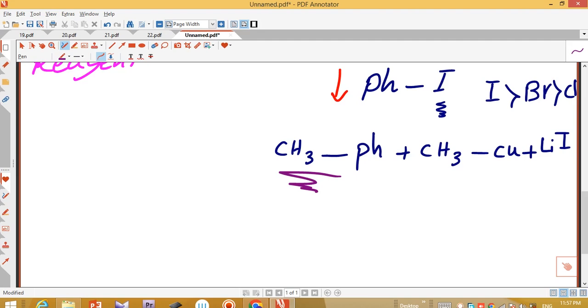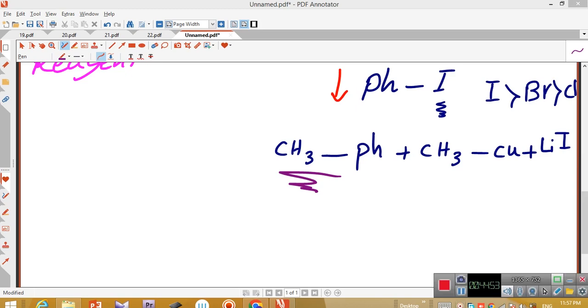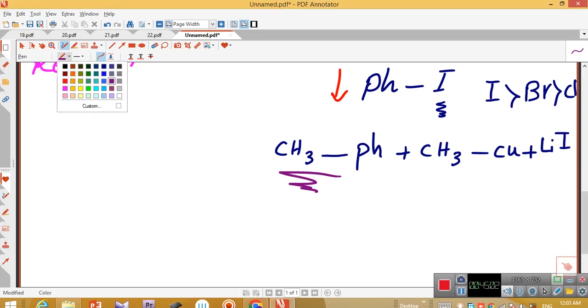And for example in phenyl chloride, this connection is too strong. The disconnection of them would be much harder. So please take a look at that. So finally, our product would be phenyl methyl, which is toluene.